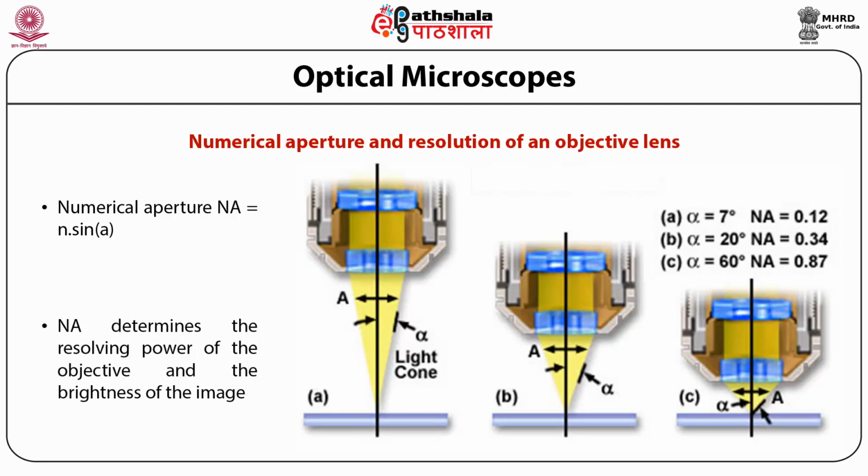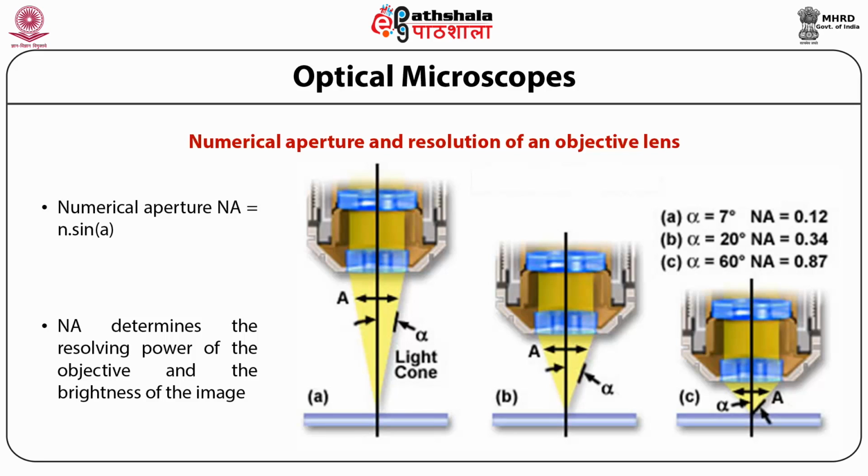This numerical aperture determines the resolving power of the objective lens and the brightness of the image that is acquired. In these three pictures, three examples are shown of objectives having different numerical apertures for the same immersion medium, meaning n is fixed.